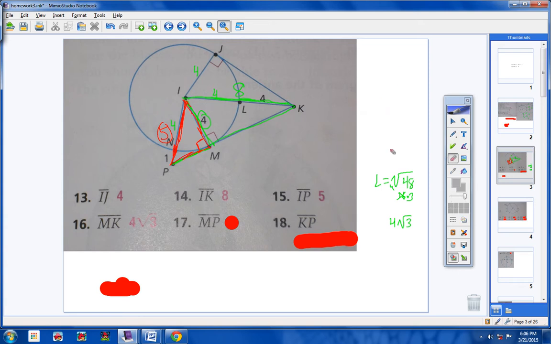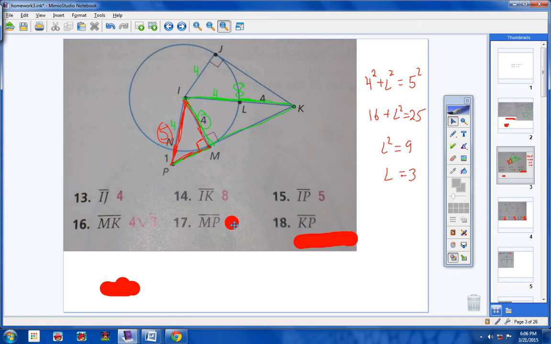So we have Pythagorean theorem. Once again, we're missing a leg. One leg is 4. The other leg, I don't know. The hypotenuse is 5. 4 times 4 is 16. 5 times 5 is 25. Bring the 16 over and make it negative. That leaves you with 9. Take the square root of both sides. L equals 3. Alright? So, we know the length of PM is 3.